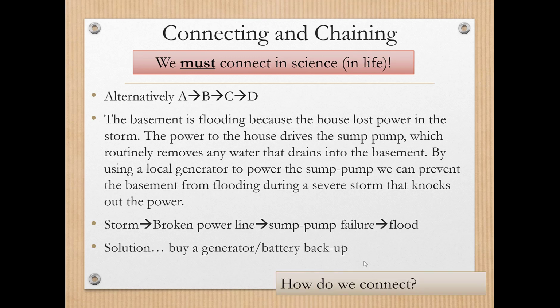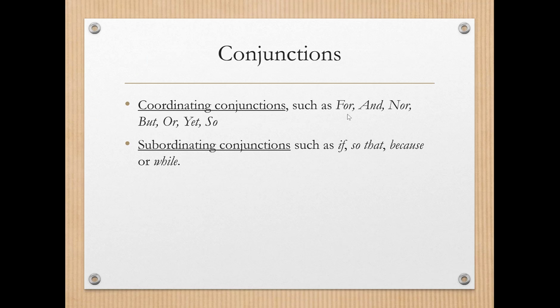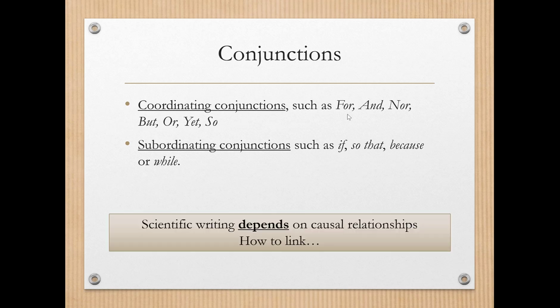So how do we connect? Well, we use conjunctions, and there are two types of conjunctions. There are coordinating conjunctions. These are things like for, and, nor, but, or, yet, and so. But the most valuable ones to us as scientists are subordinating conjunctions, and these connect two particular clauses, and such subordinating conjunctions are if, so that, because, or while, and there's a bunch more that we're going to start to look at.